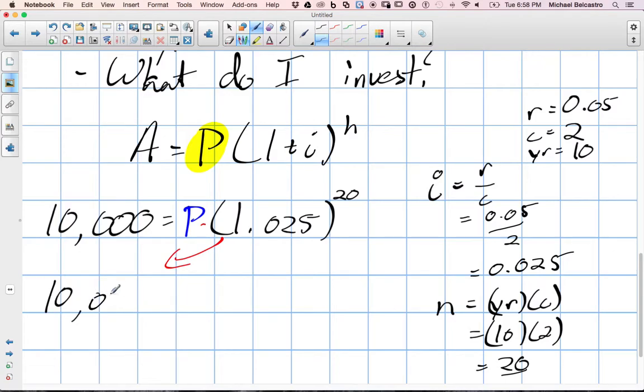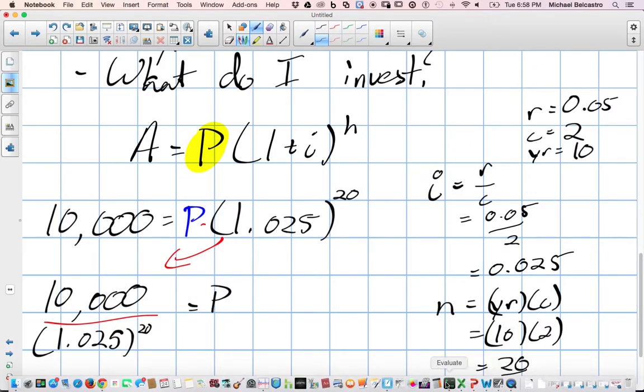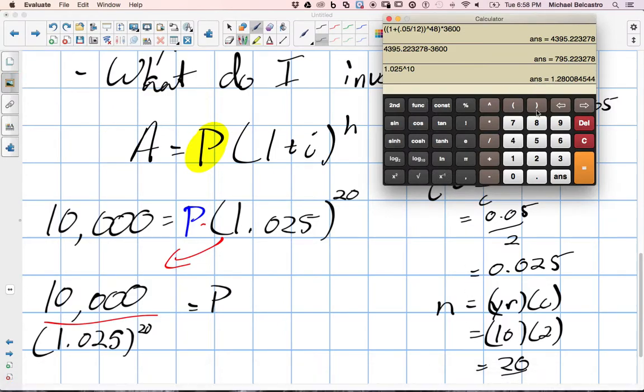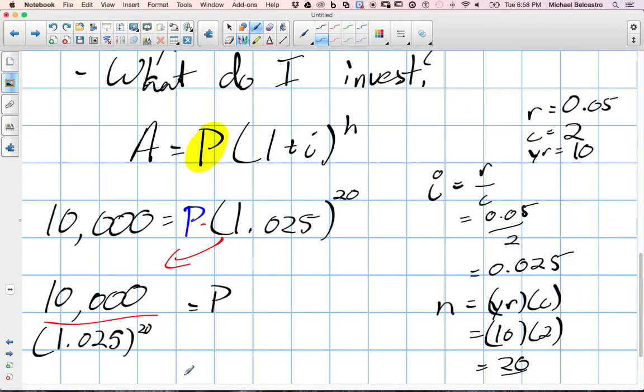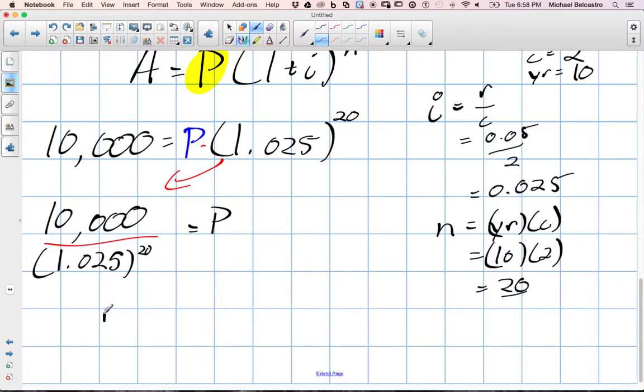So we have 10,000 divided by 1.025 to the power of 20, which is pretty much that present value formula if you remember. This way we can put it all in the calculator in one step and be extremely accurate. Let's see what number we get.